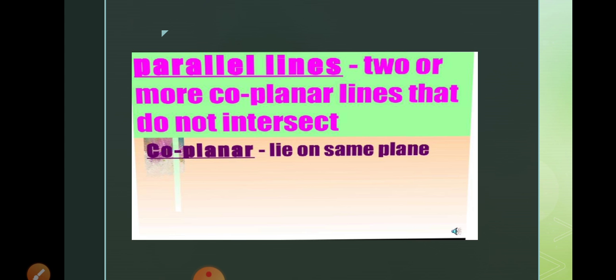Before going to that, see the angle properties. First of all, we will see the parallel lines. Two or more coplanar lines that do not intersect each other are known as parallel lines.